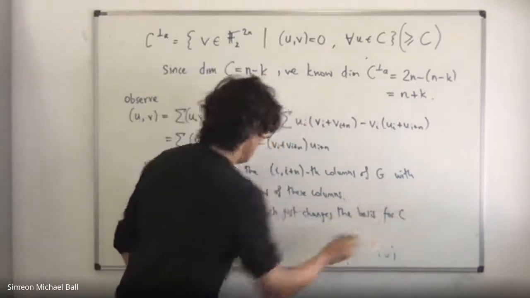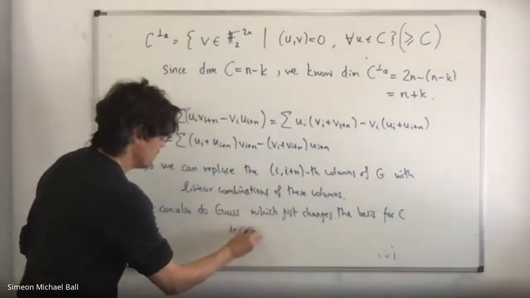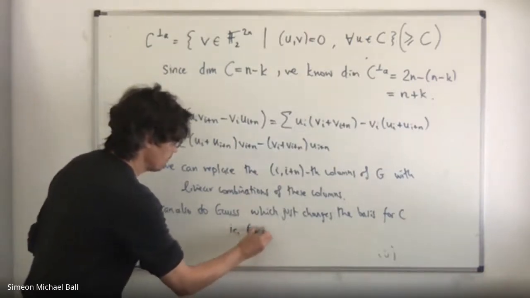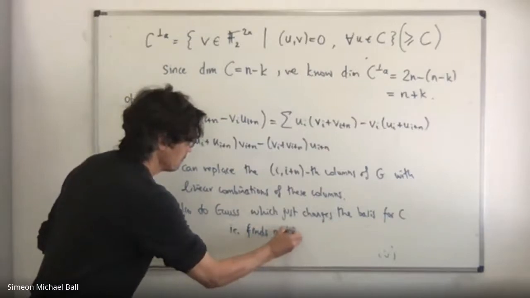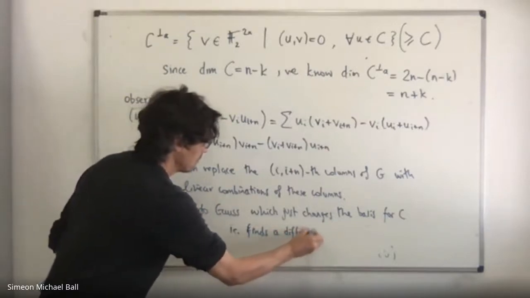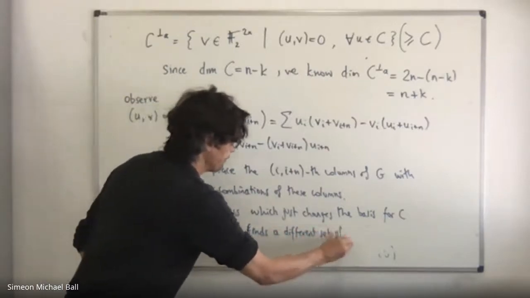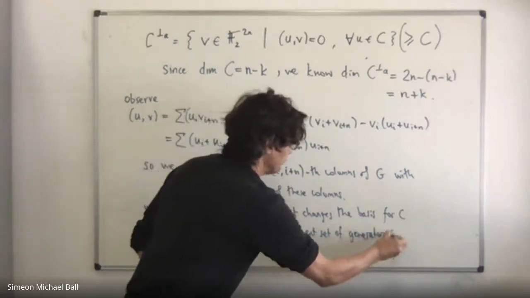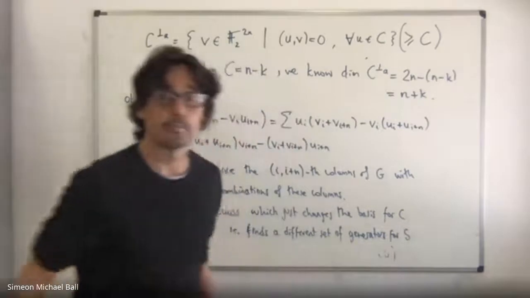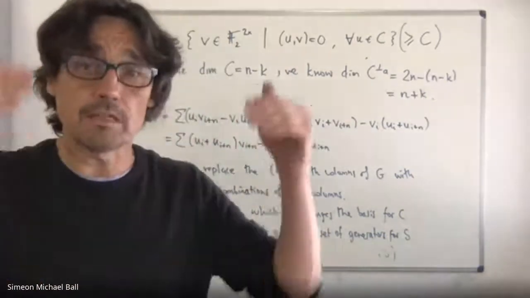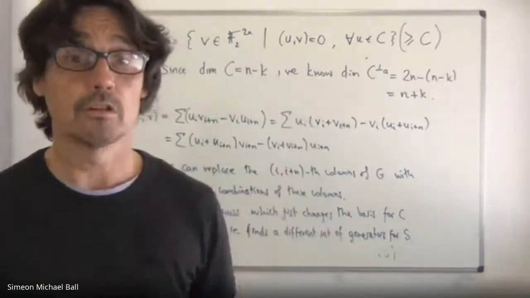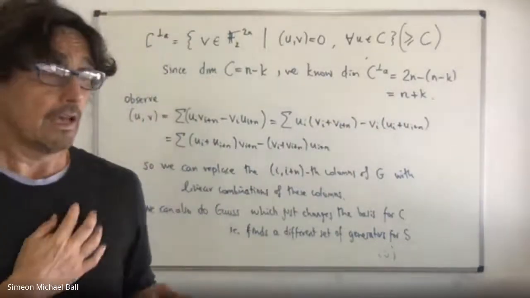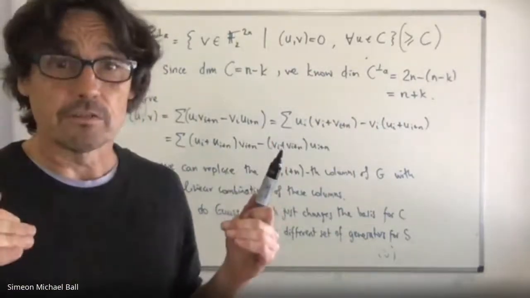That is, it finds a different set of generators. Correct? Okay, so if you're just changing the basis by doing row operations, all you're doing is finding a different set of generators.